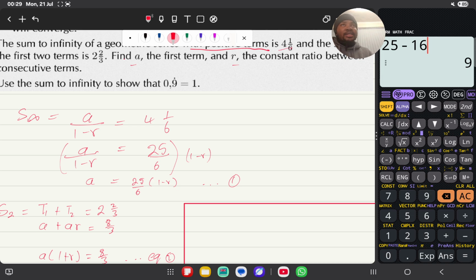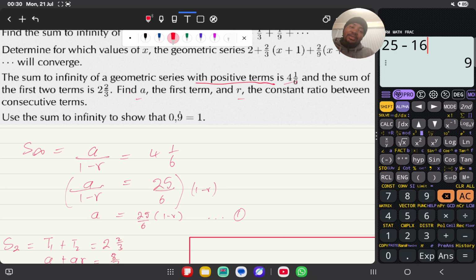So if r is negative, there is no way that our term values will always be positive. Like, there's no way we're going to have positive terms, right? They will alternate positive, negative, positive, negative. But when we have an r that is positive, we can be very sure that we are going to have positive terms, right?